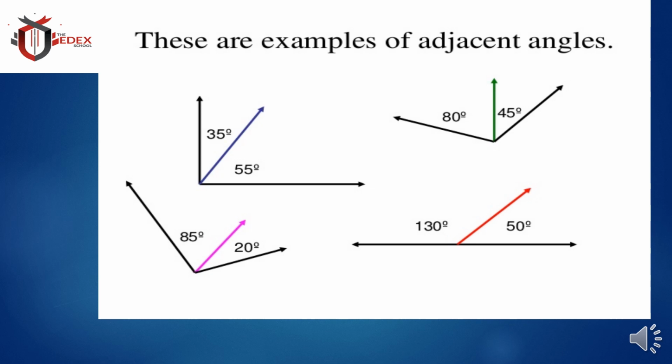Adjacent angles can be complementary or supplementary, or maybe they are not. So when adjacent angles share a common side and vertex, sometimes they can be complementary angles or sometimes they can be supplementary angles.